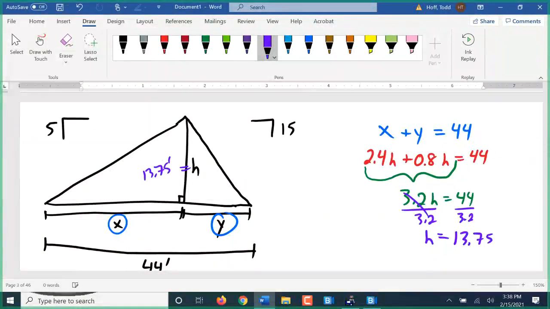So H in feet and inches would be how much? Three quarters of a foot is 9 inches, right? How do I find X and Y?